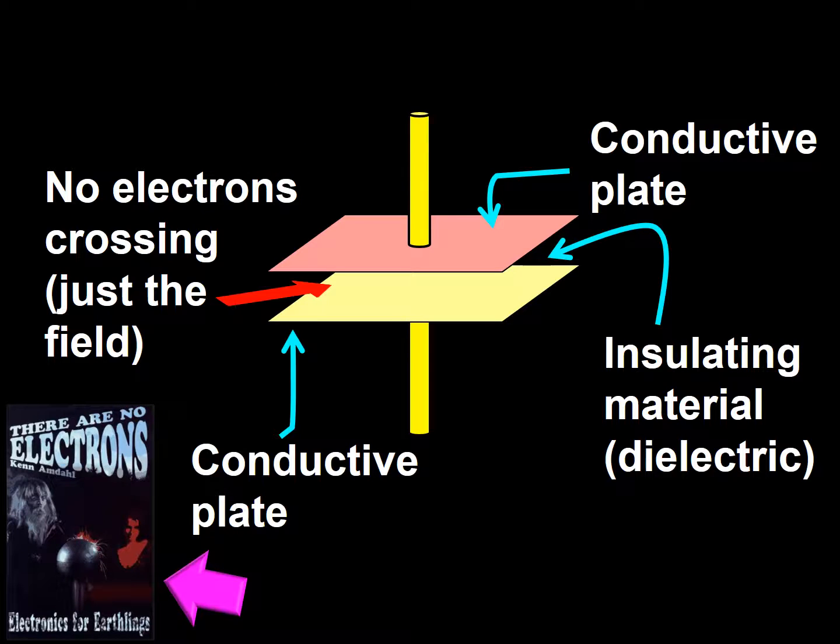This book that I am pointing with the arrow is a funny book about electrons. I think it was in it that I first read the analogy between electrical field and the sound of music. I have adopted the analogy. So I think about conductive plates of a capacitor as two parking lots separated by a river.